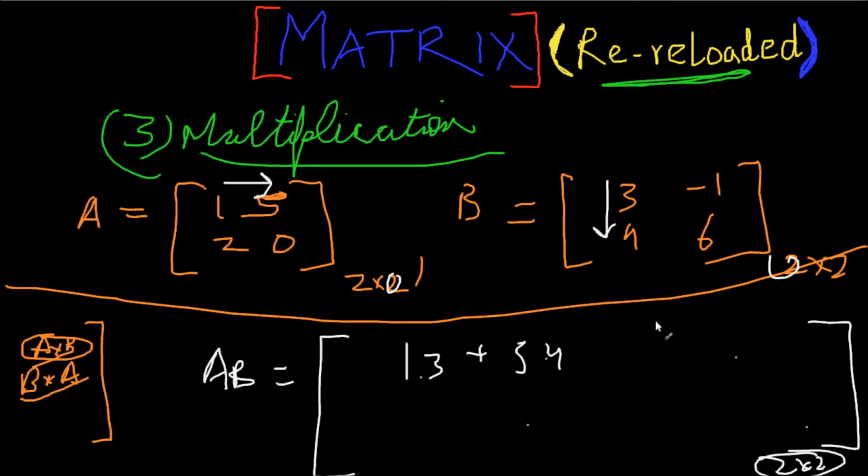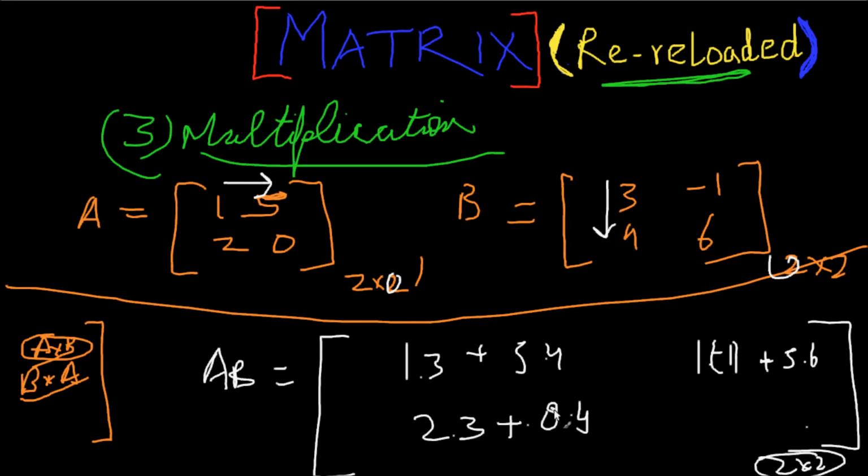So now you take the same row and again with the next column. So 1 times minus 1 plus 5 times 6. Next 2 times 3 plus 0 times 4. You should be knowing that 0 times 4 is 0.